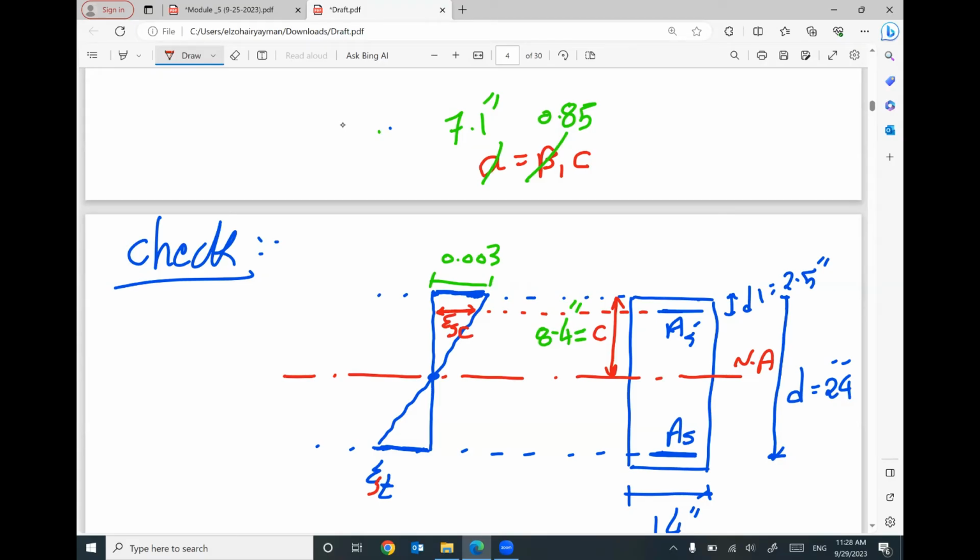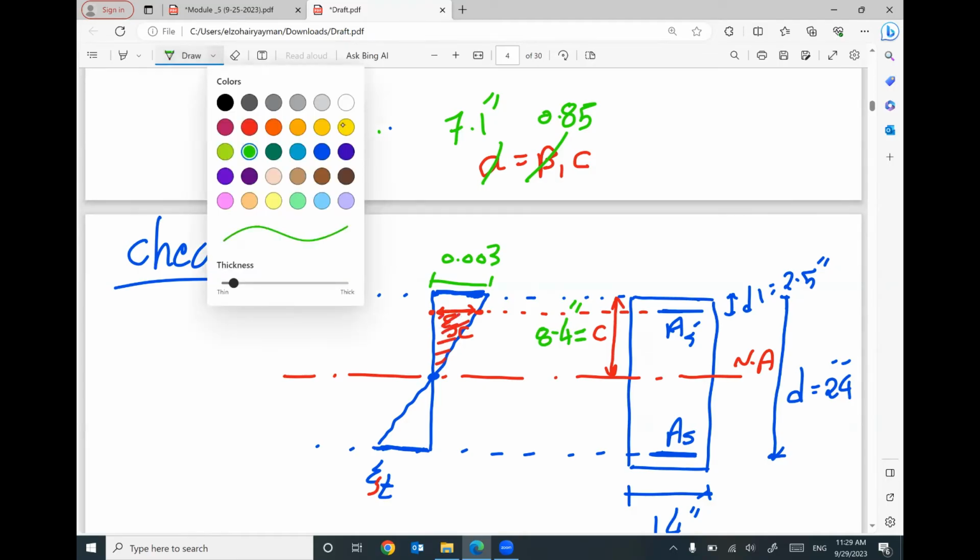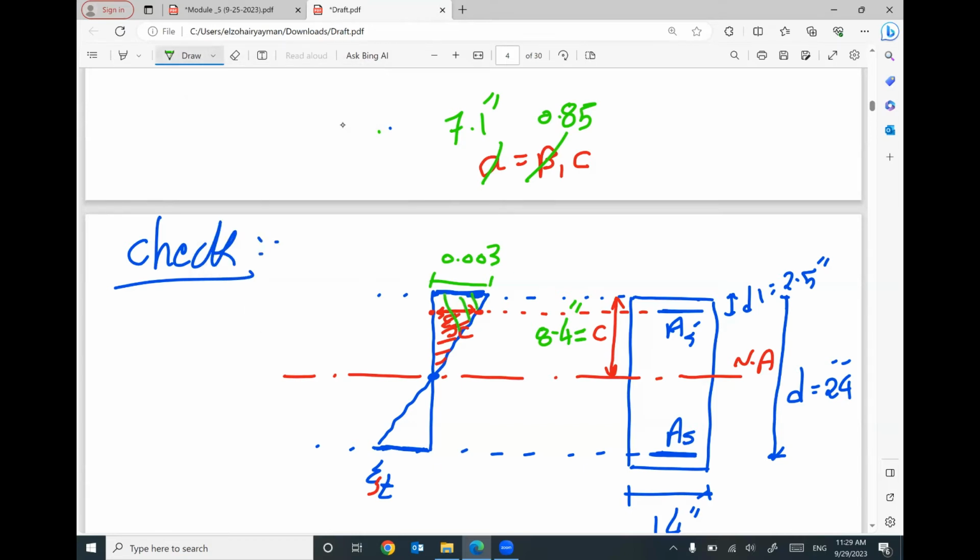If you would like to figure out the value of epsilon SC, I need to do triangle similarity between this triangle and the biggest one, this triangle.